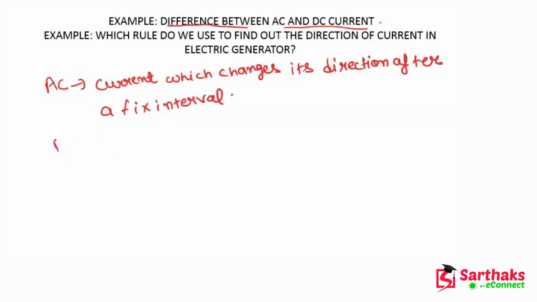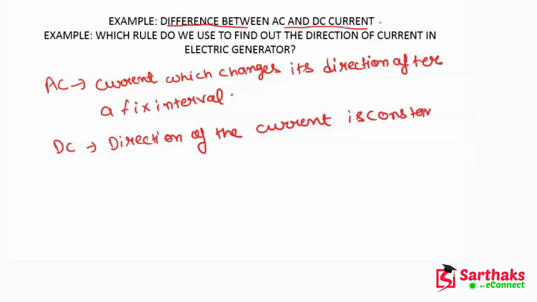And what is DC? Here the direction of the current is constant.